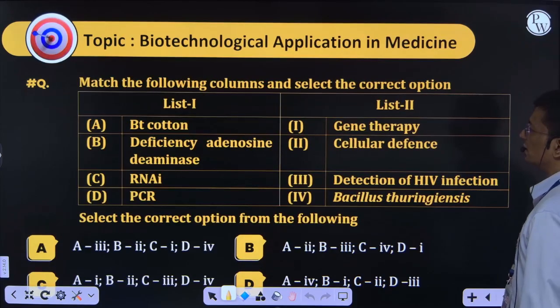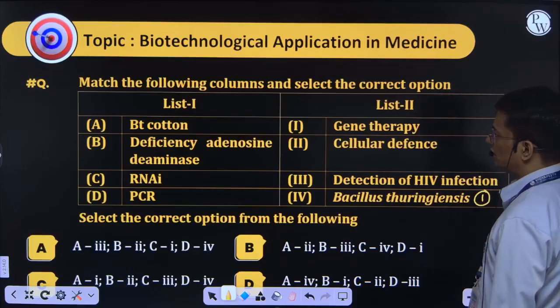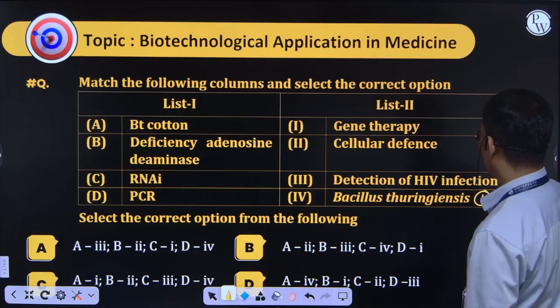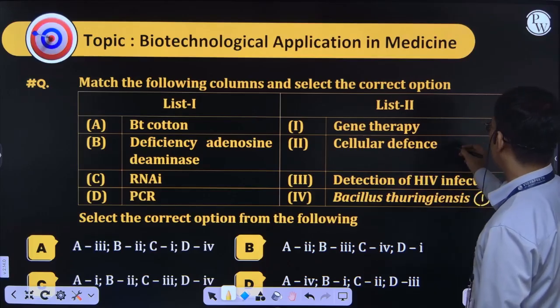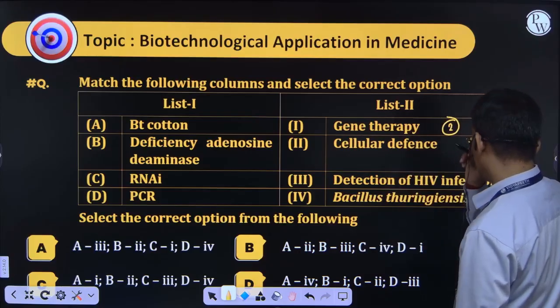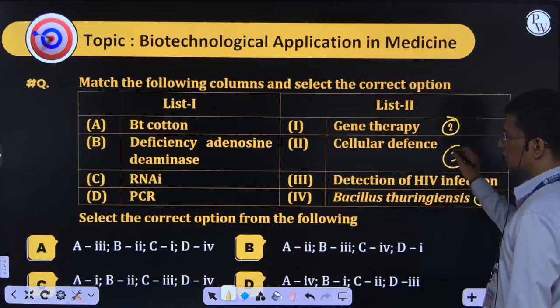Next one. BT cotton is from Bacillus thuringiensis. Adenosine deaminase deficiency we can cure using gene therapy. RNA interference is the cellular defense in eukaryotes. So this is the correct one.